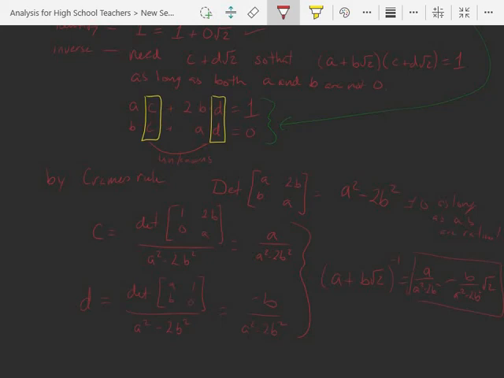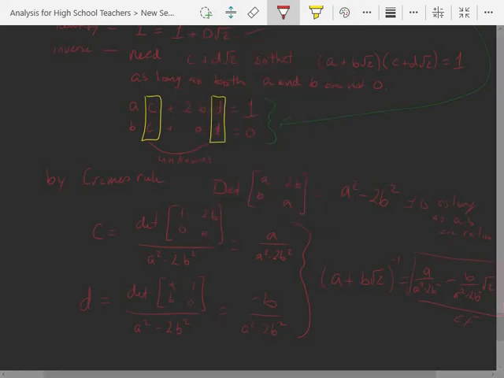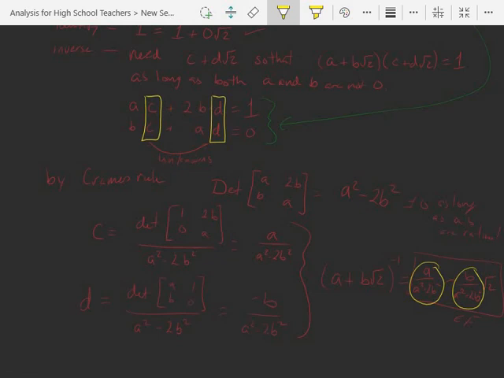So there's my inverse. This is in F again, because this is rational and this is rational. These are both rational. Okay, so that shows that we have inverses inside this set.